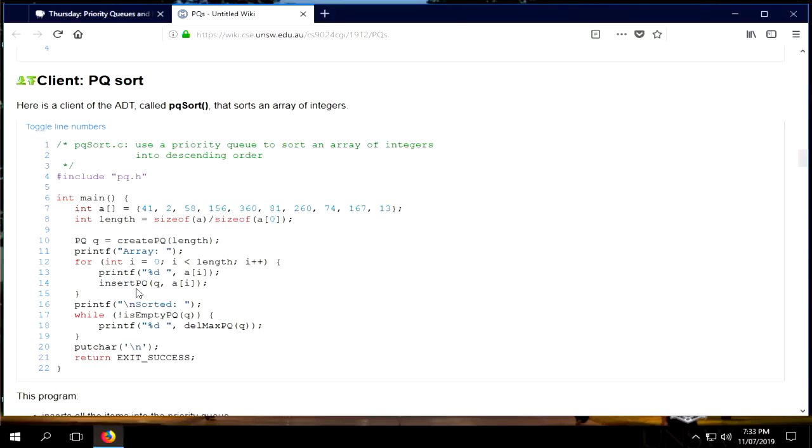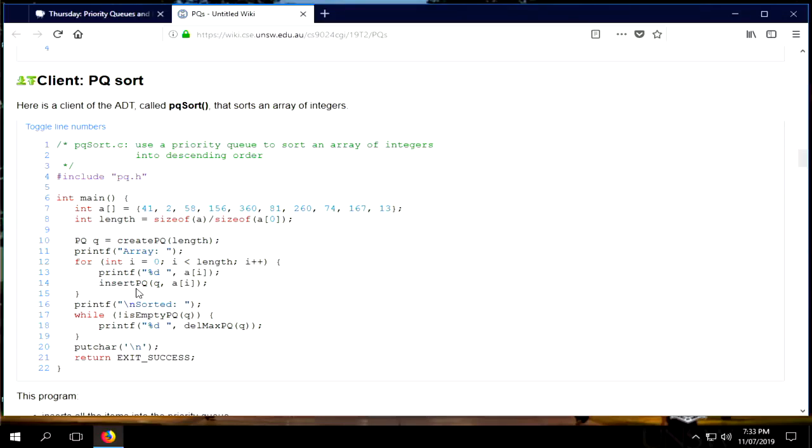I've got that in my interface. I then, for all the elements in the array, print it, and insert it into my queue. Little q is my priority queue, PQ. PQ is my type, little q is my variable, and I insert that number from that array into my priority queue, my PQ.